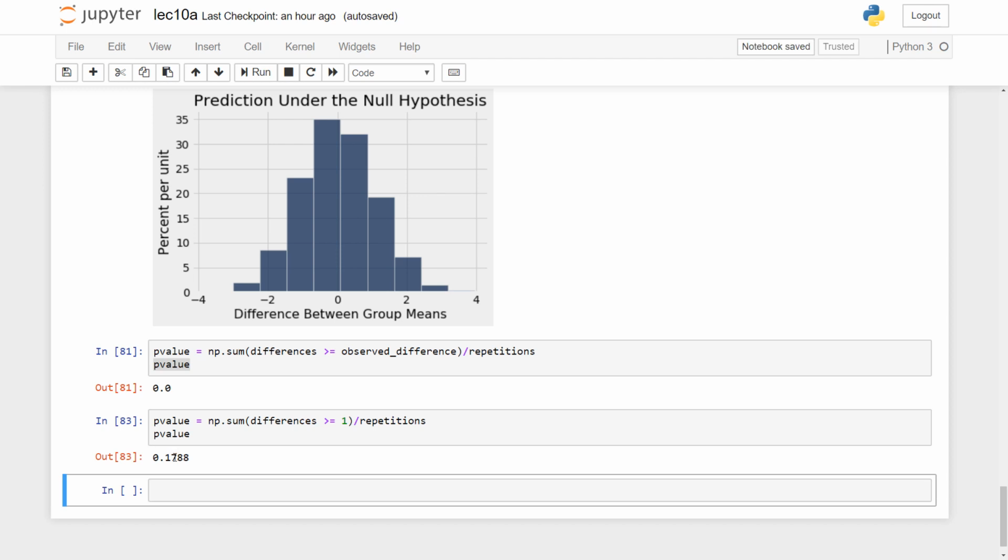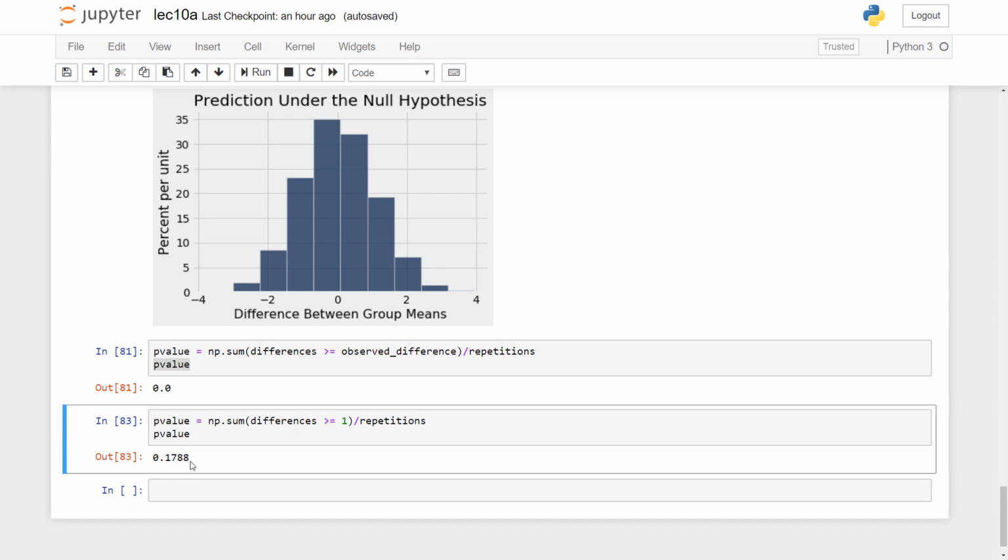So it is not statistically significant, and we will not reject the null hypothesis. 0.17 is bigger than 0.05, so we will not reject the null hypothesis. Let's try another value.